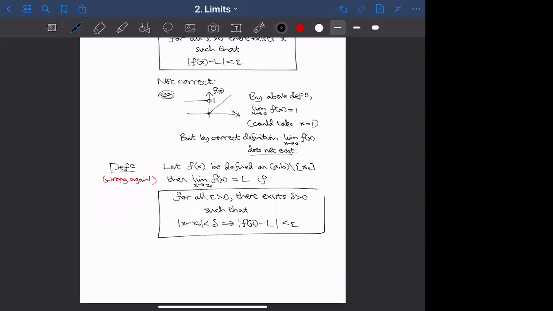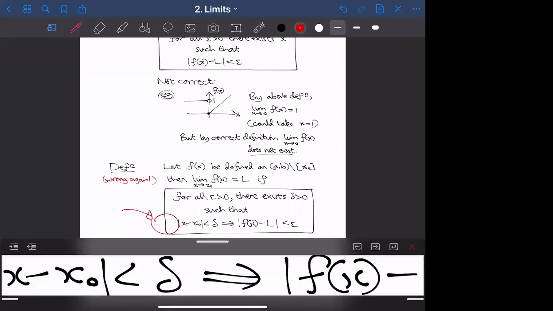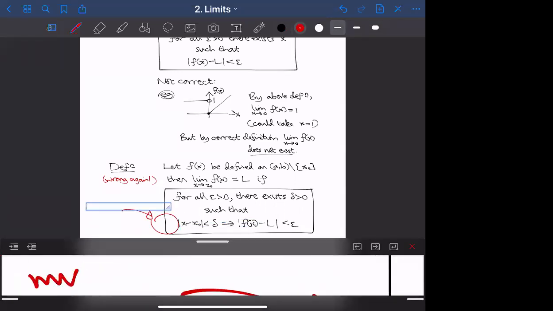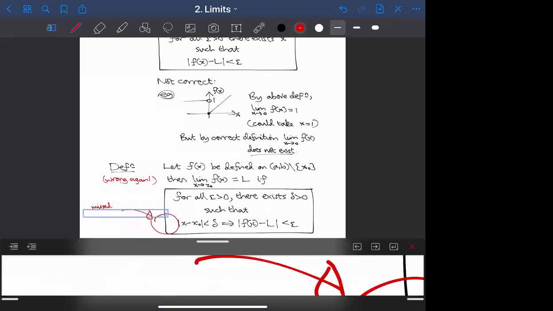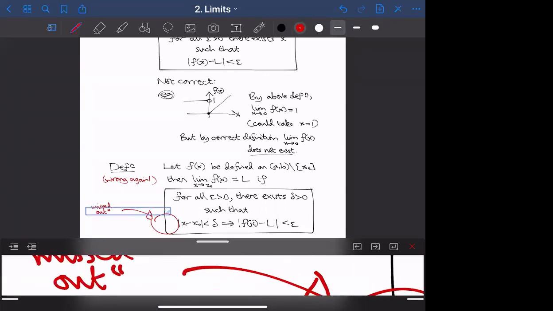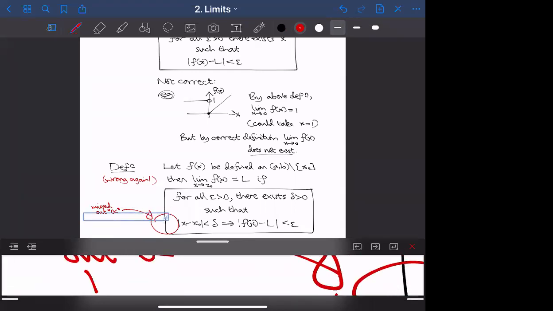Okay, so this definition is wrong as well, but it's a bit harder to see why. Okay, and the answer is because we missed out 0 less than here.